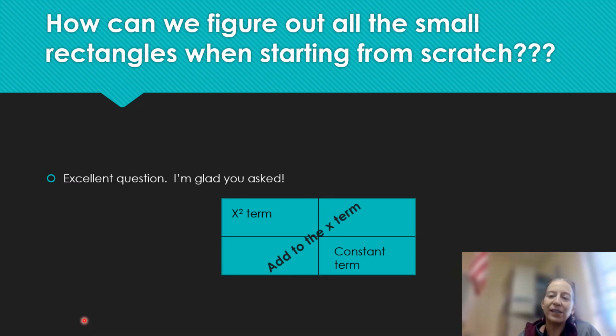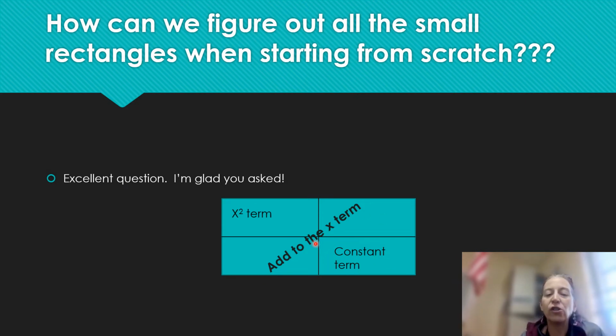Those two boxes need to add up to the x term, because when you add up all the boxes for the area, these two are going to be the two that combine, and we've seen that before. You have like x squared, and then you have 2x plus 14x, and they add up to 16x, and so forth.